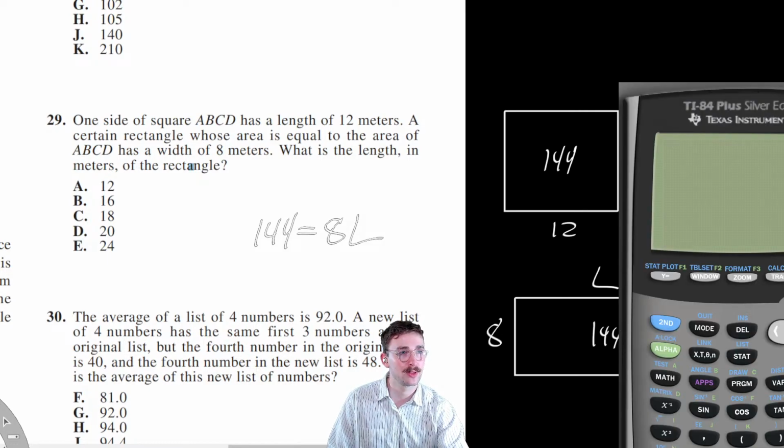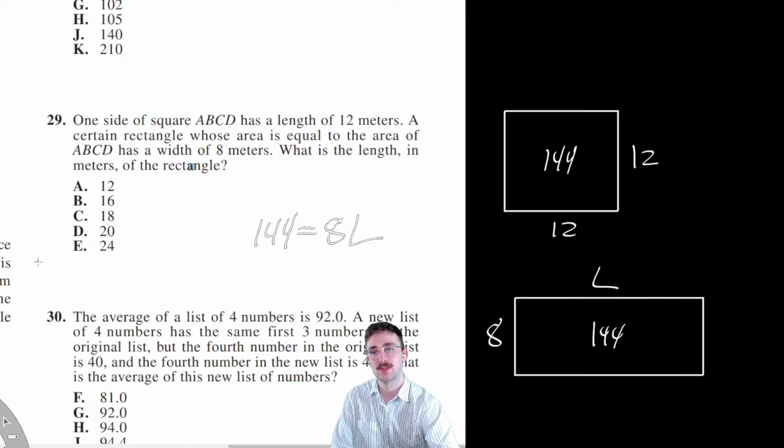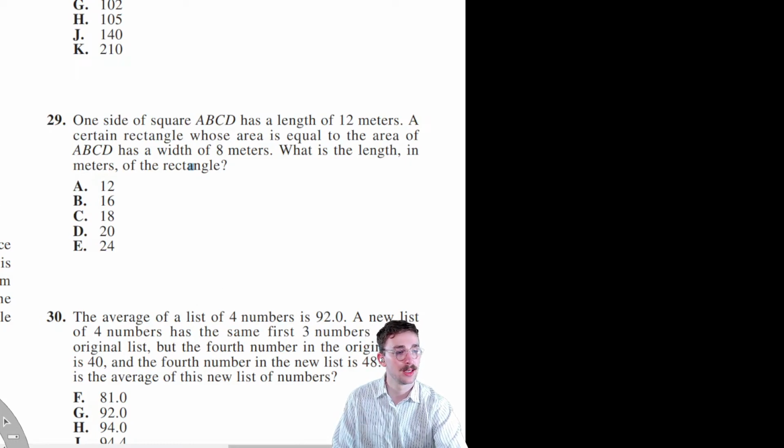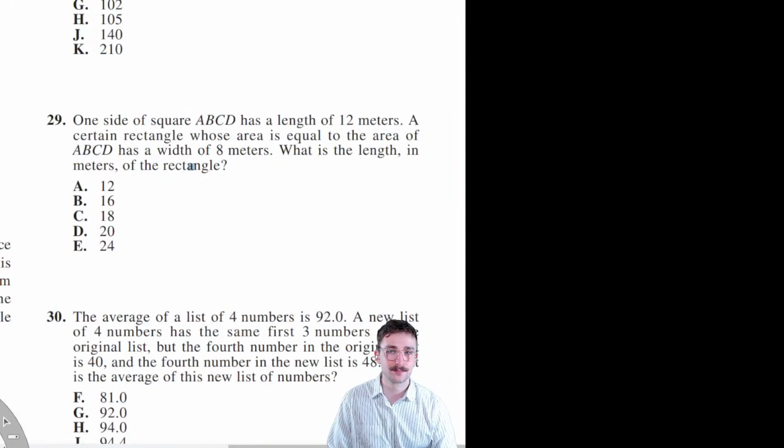I don't feel comfortable doing that in my head, I'll be honest. 144 divided by 8. 18. So C. And let's see if that's right. There it is. All right, so that's all there is to it.